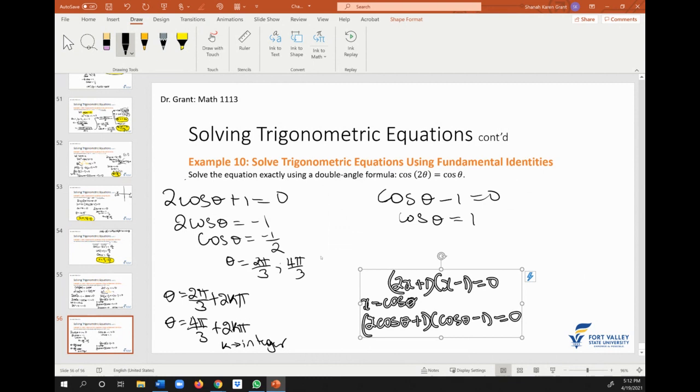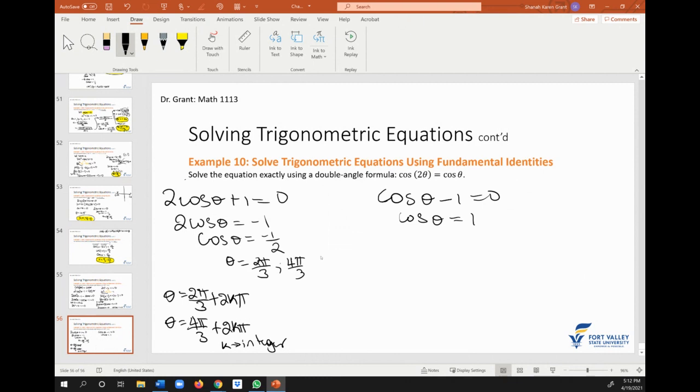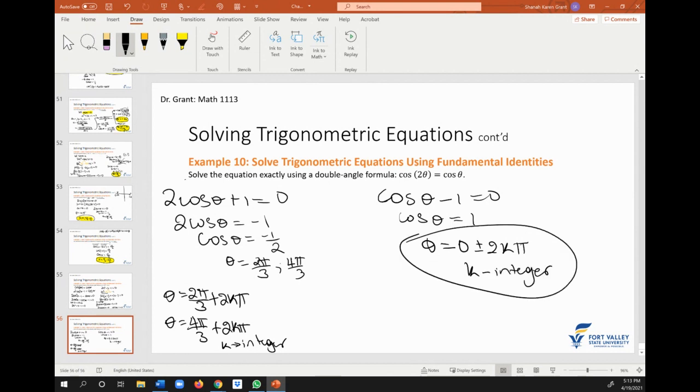Cosine is my x value, so that's going to be 0 and 2 pi. But in this instance, we're just going to say theta is equal to 0 plus or minus 2k pi. And 2 pi would be when k is 1, so you don't have to repeat it. Of course, k is an integer. And so these are my solutions.